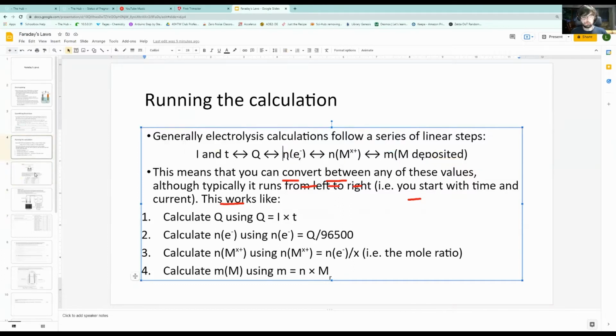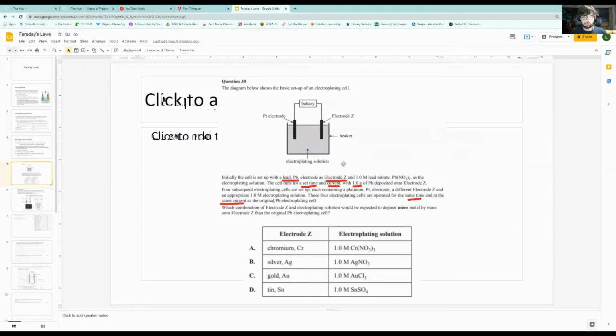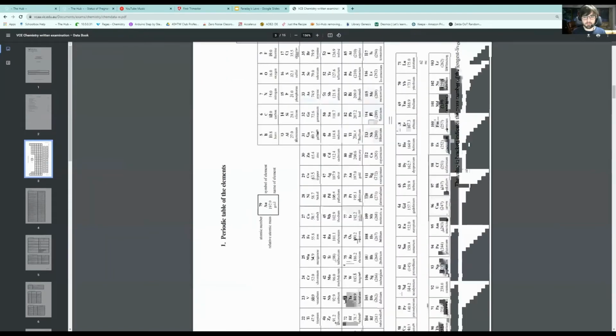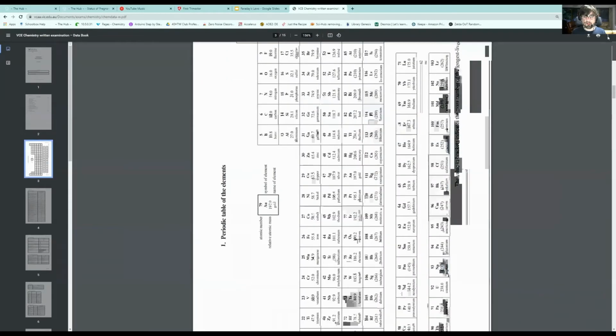All right. So let's start here. We want our amount of lead to be equal to our mass of lead divided by our molar mass of lead. So let me quickly pull up the data book here.